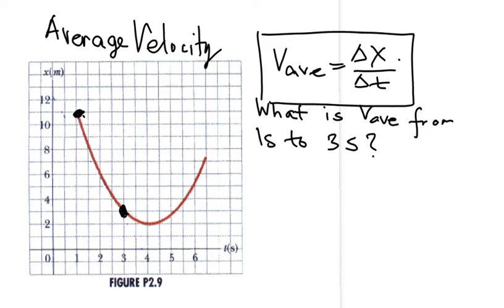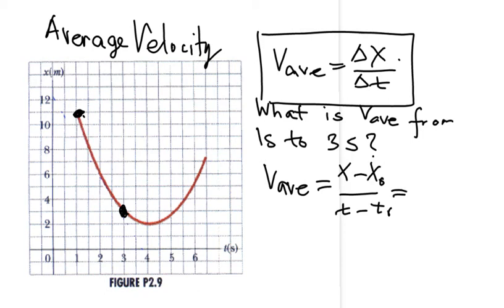So even though this is not a straight line, and we can't find the slope at any one point, we can say that V average is the change in position. Okay, so it's x minus x naught. This little naught just means initial, divided by t minus t naught.